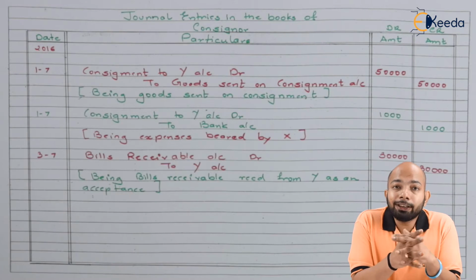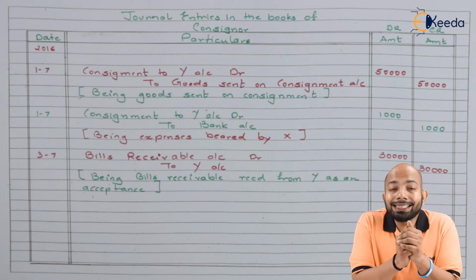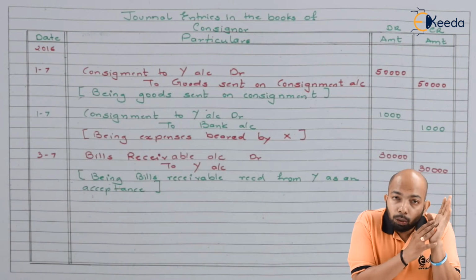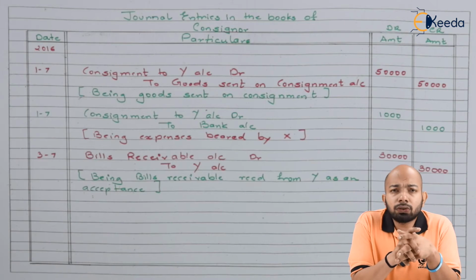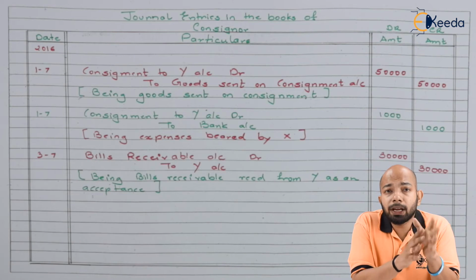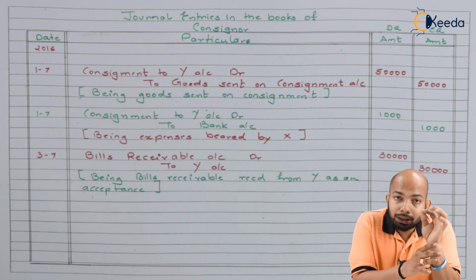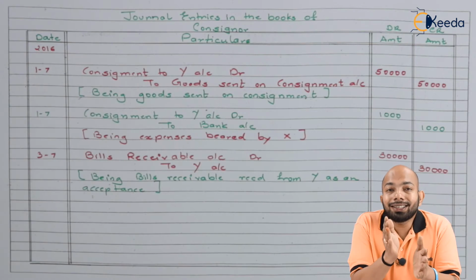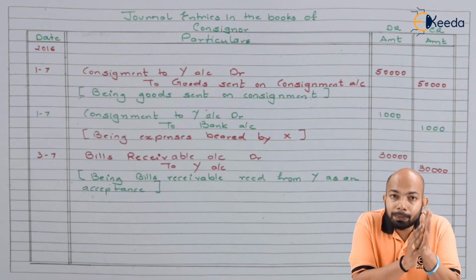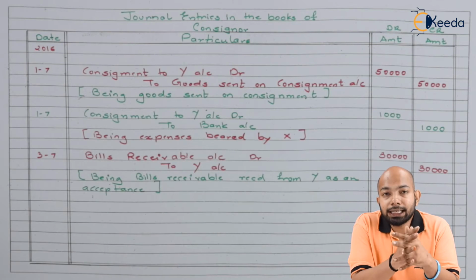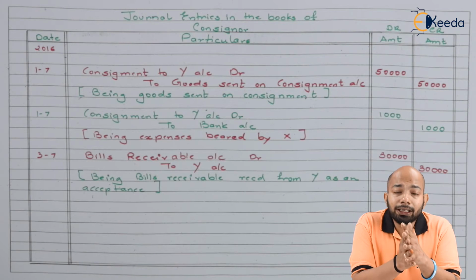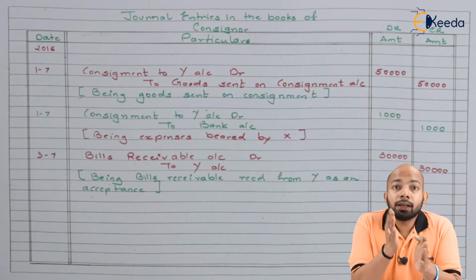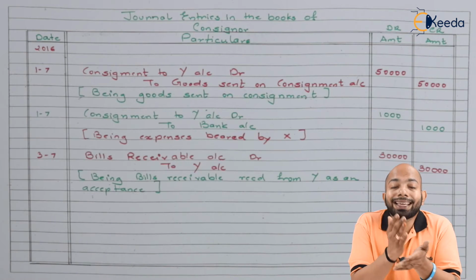Now, the third entry will be on 3rd of July. In the illustration, they have mentioned that Y sent his acceptance with the bills receivable, which was for 30,000 payable at 3 months. This has to be mentioned here. When any advance or any kind of bills receivable is sent by the consignee, his personal account will be credited.